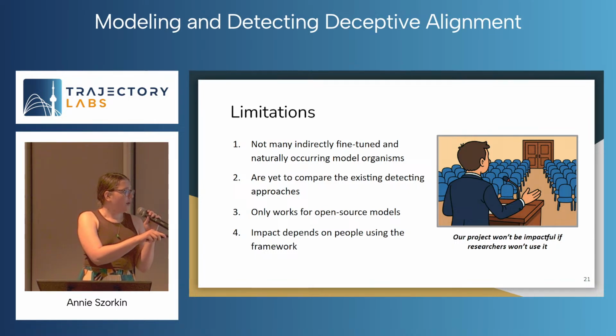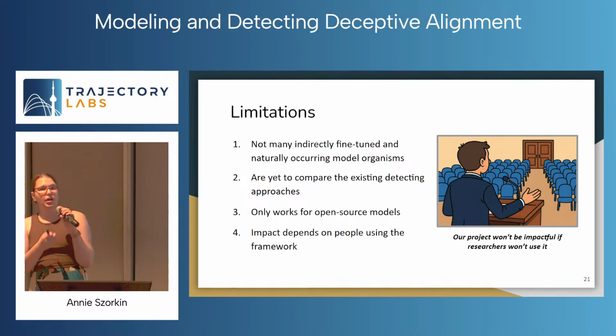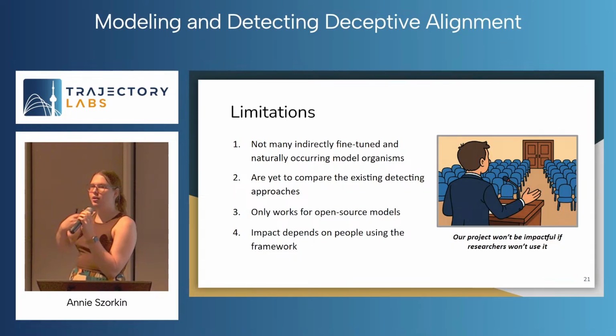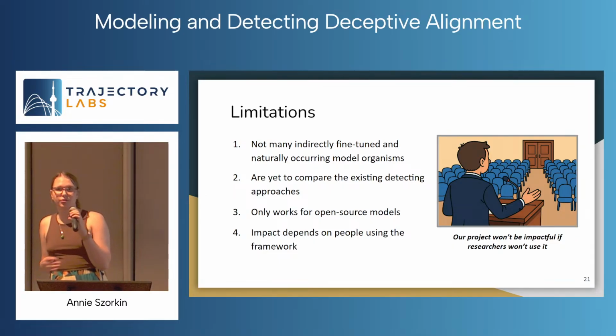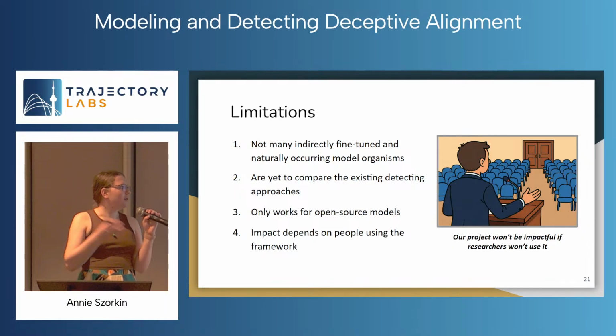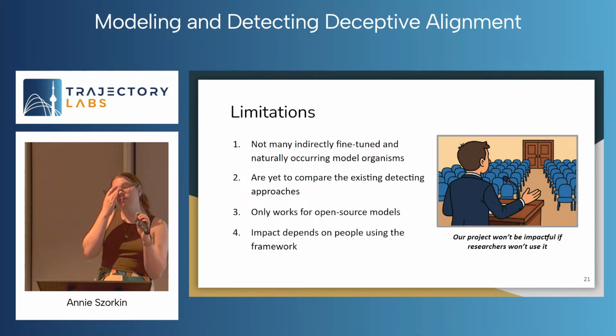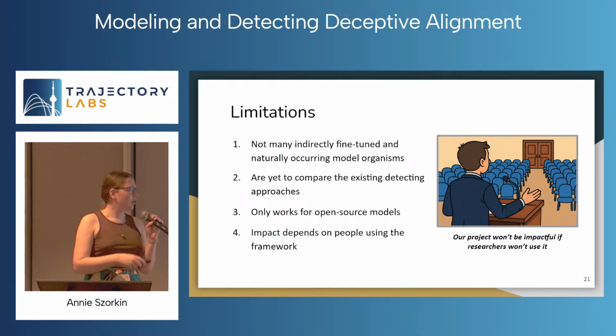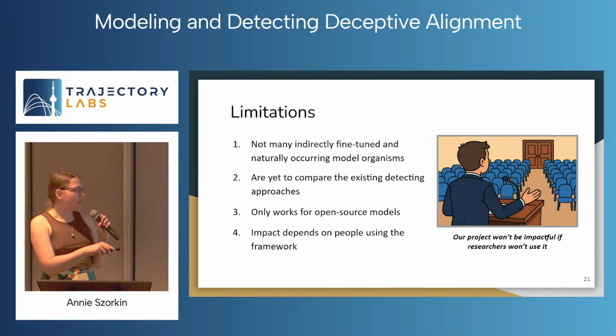And we're even struggling with indirectly fine tuning the model organism, where you fine tune it to do something completely unrelated to being malicious or deceptively aligned. In any case, model organisms definitely need more work, and detectors also need more work.